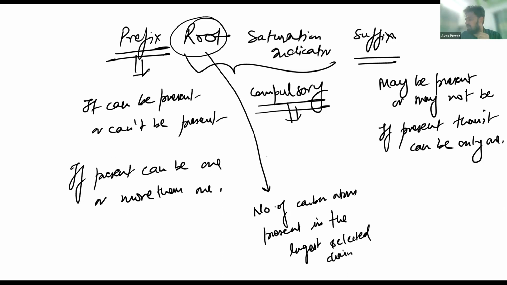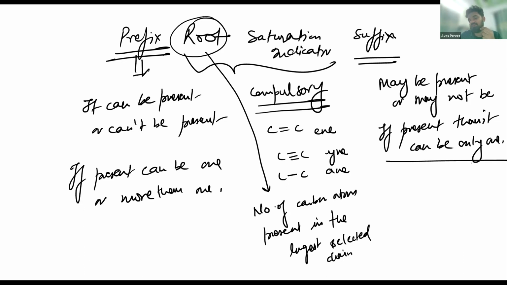It tells us whether there is a double bond, triple bond, or not. If there is a carbon double bond anywhere, we use ene as the saturation indicator. If there is a triple bond, we use yne. And if there is only a single bond between carbon atoms, not carbon and oxygen, we use ane.